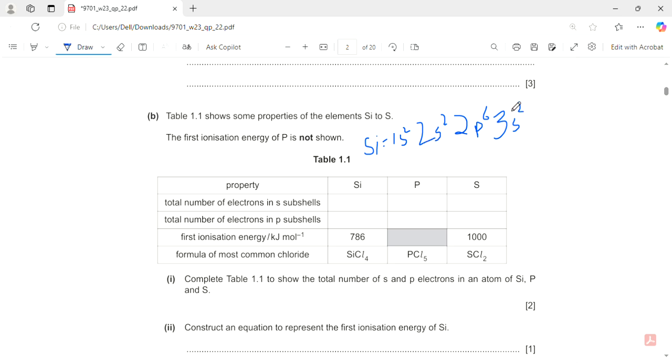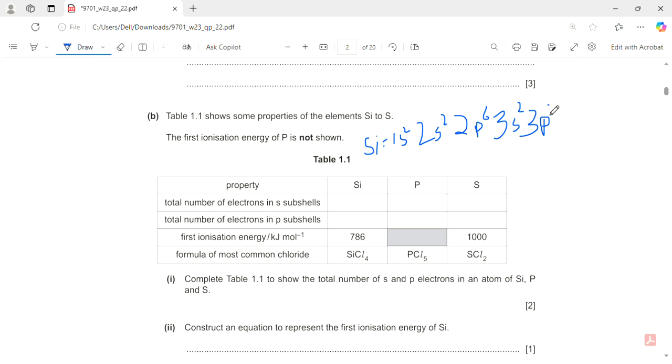We know there are 14 in silicon, so how many are left? 3p2.